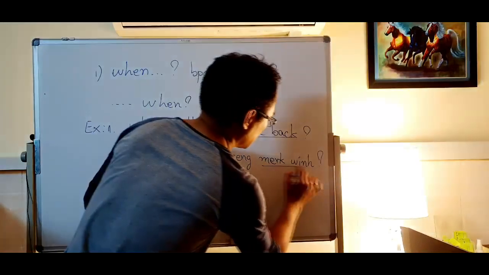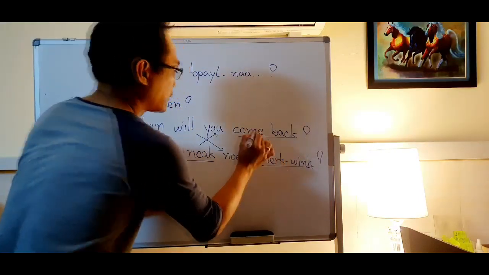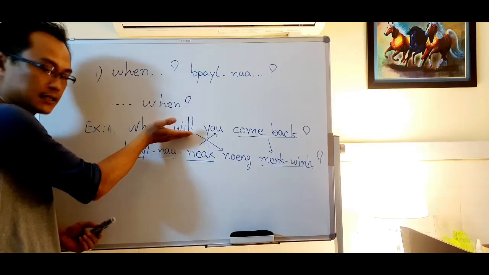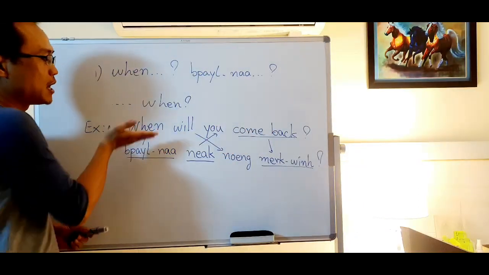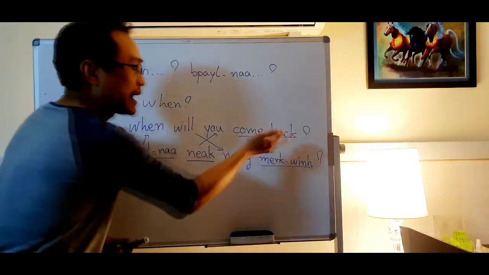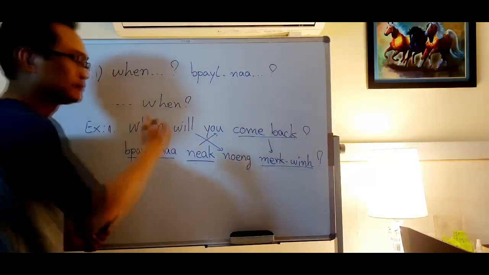This word. Okay, I can say together. Mok vinh is the word for "come back." So you see, in English you use "when" and then "will" first: when will you come back? But in Khmer you have to say "when you will come back."